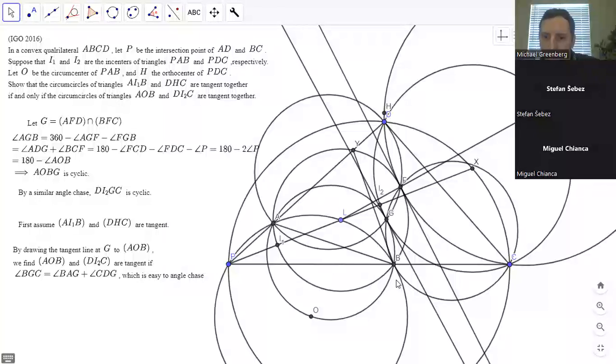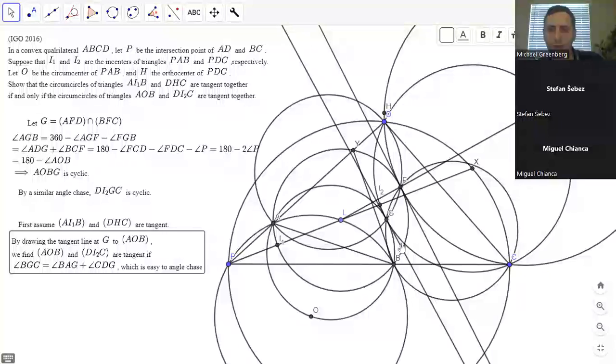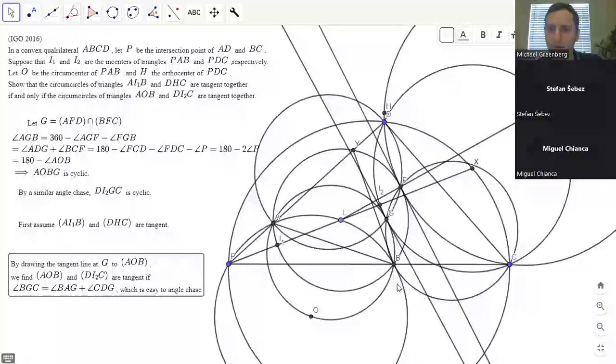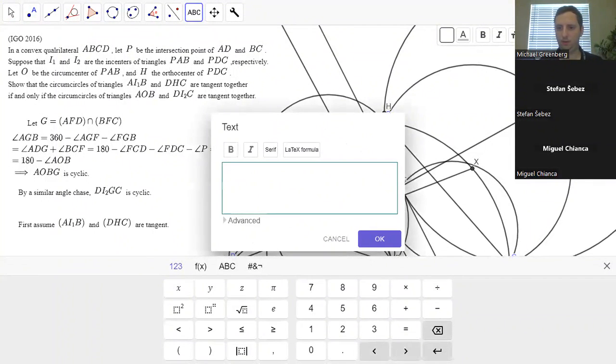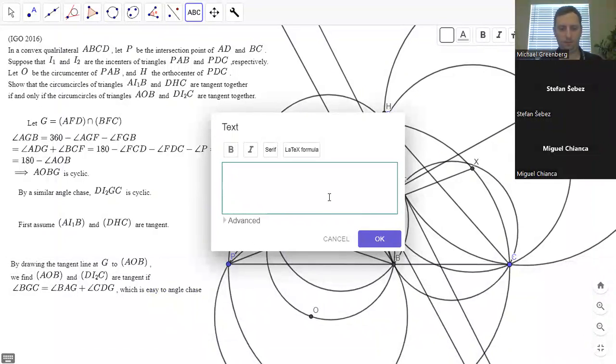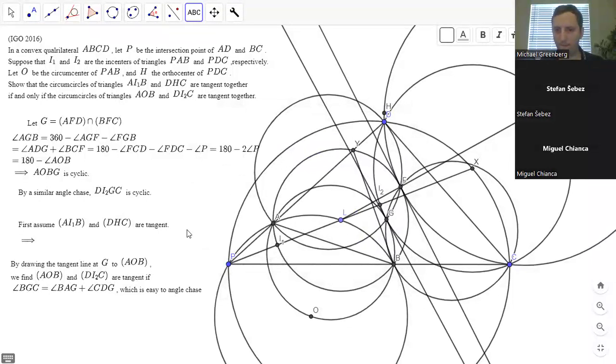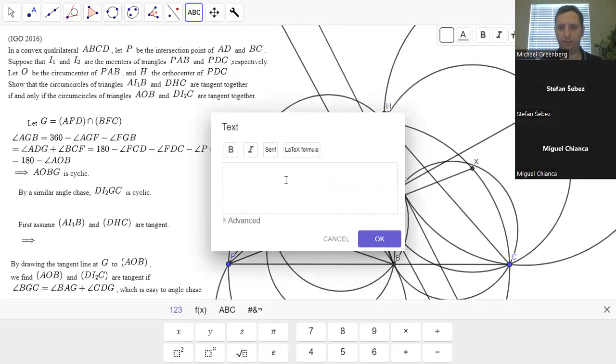So yeah, I think it might just be trivial. If these are tangent, then BFC is BYF plus CDF.